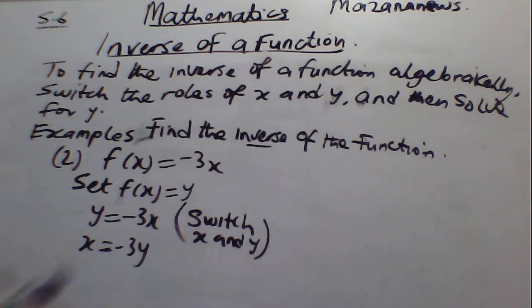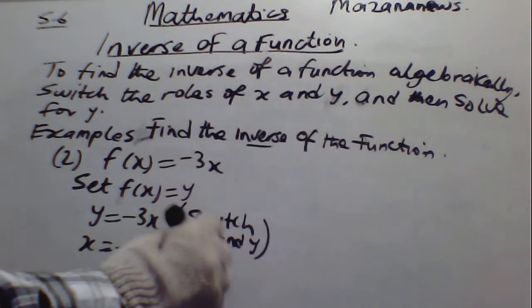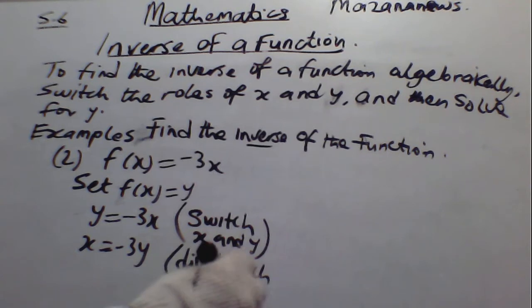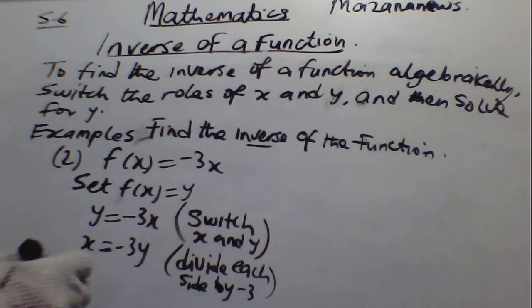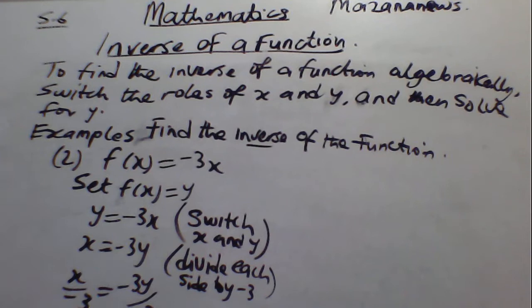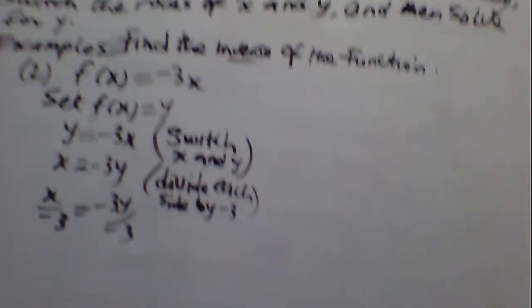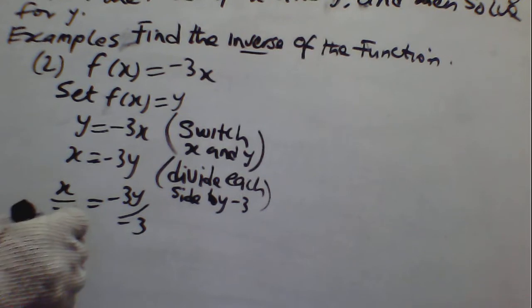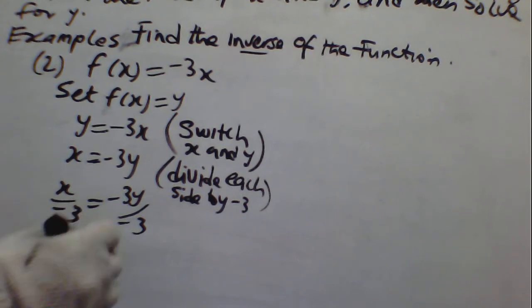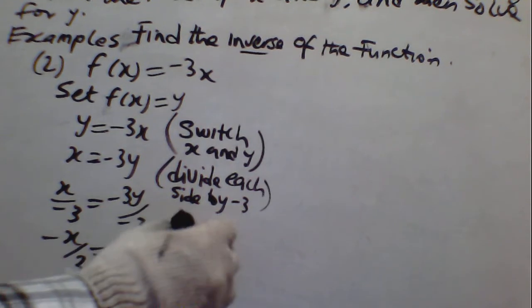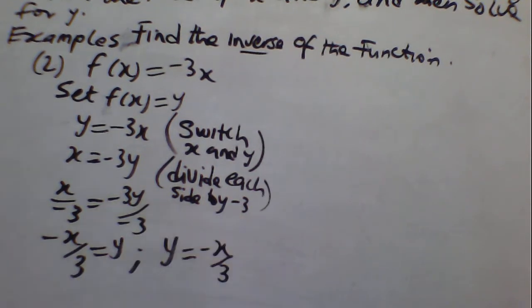So once you do that, I want to make y the subject. Divide each side by minus 3. So I have x over minus 3 is equal to minus 3y over minus 3. This will give me minus x over 3 is equal to y. So y is equal to minus x over 3.